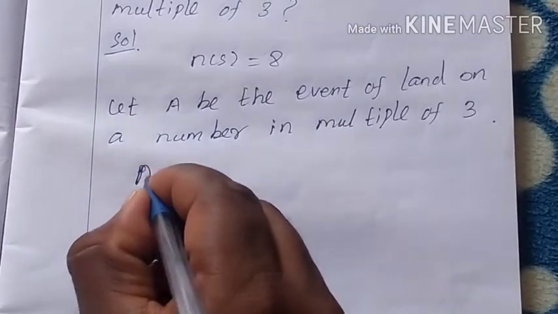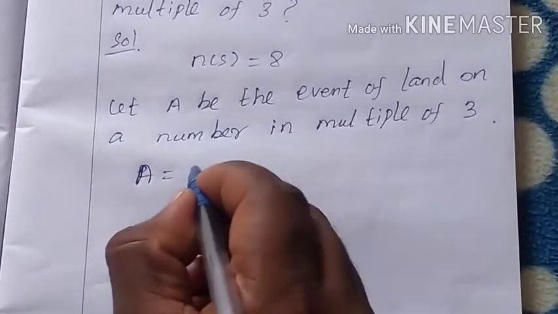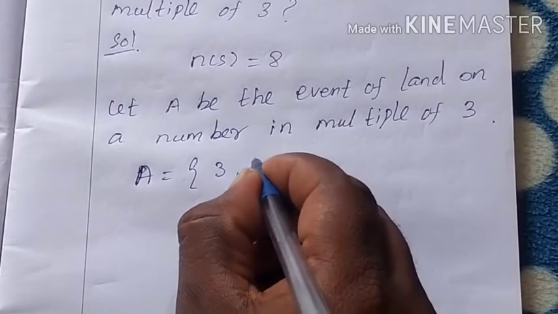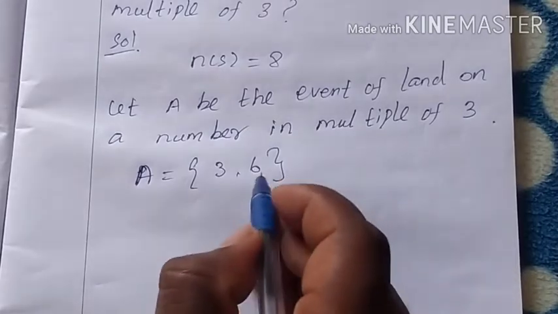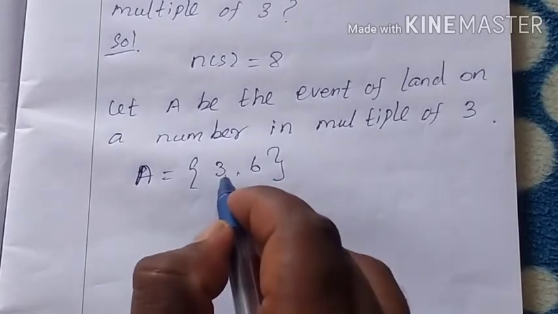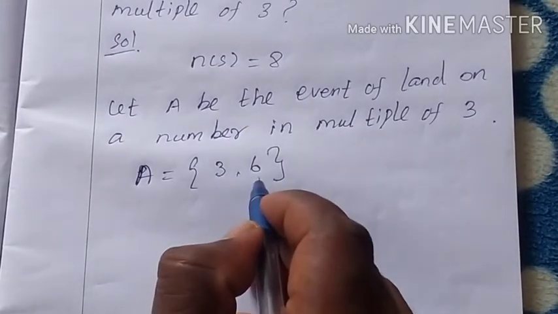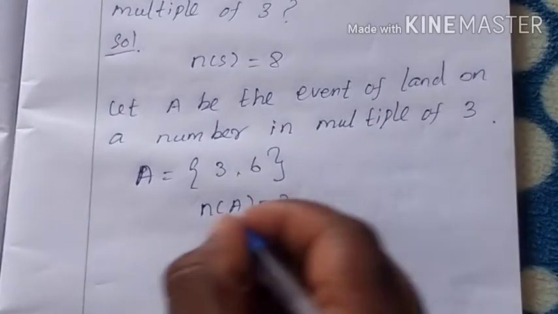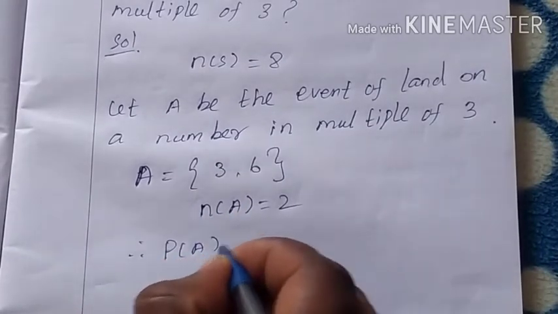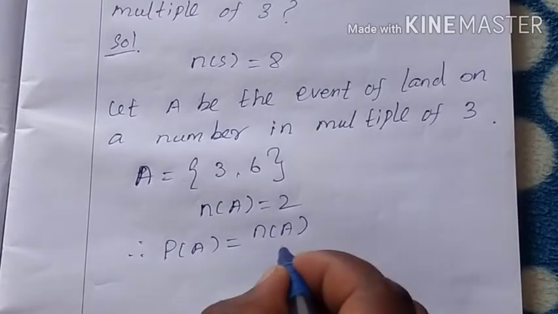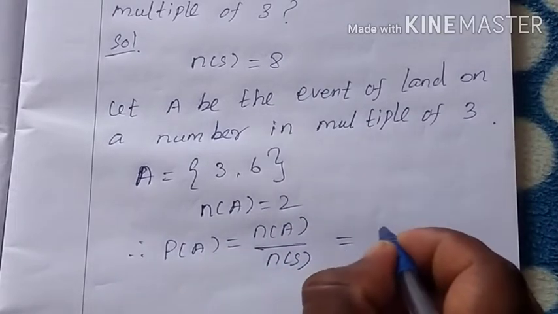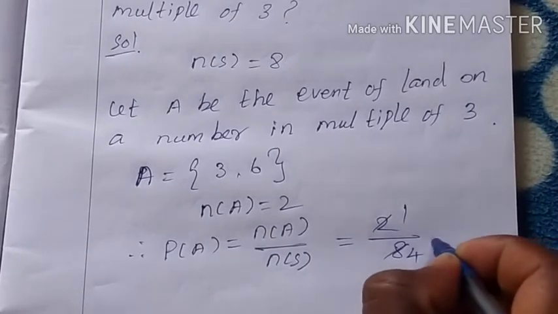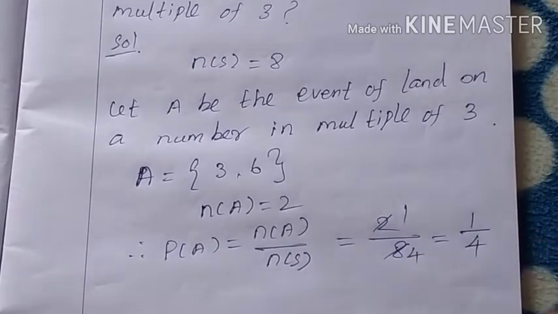So A is equal to the set of all the multiples of 3, which are 3, 6. That's all. These two numbers only lie between 1 to 8 as multiples of 3. Okay, so n of A is 2. Therefore, P of A equals n of A divided by n of S, which is equal to 2 divided by 8. Then 2 ones are 2, 2 fours are 8, equal to 1 divided by 4.